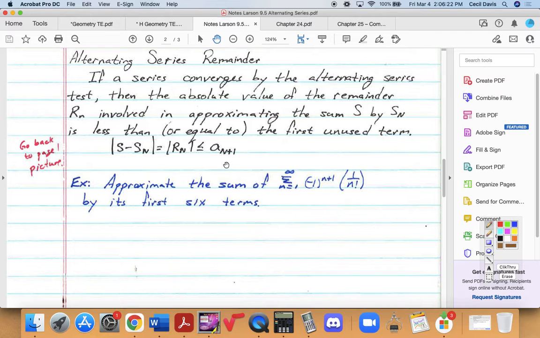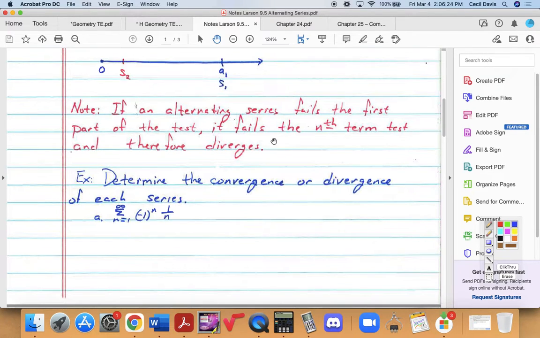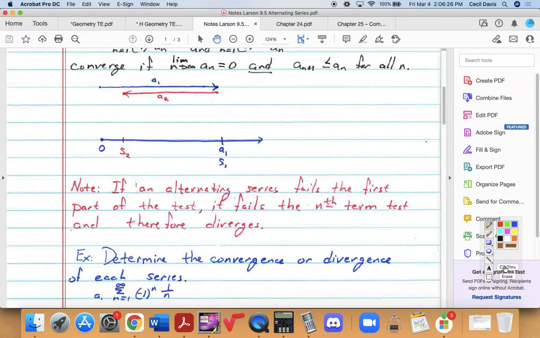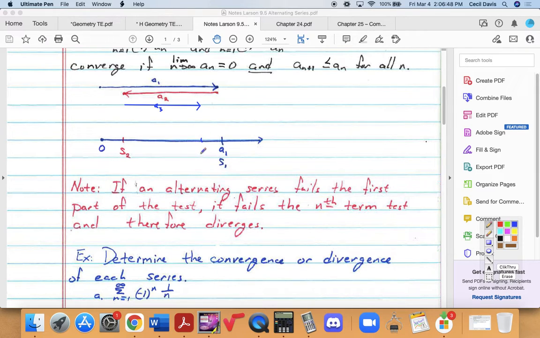And the reason that that works, let's go back to this just real quick. So if I just added the first two terms, right? The next thing I'm going to do is add on term 3, a sub 3, and I'm going to get this. This is going to be S sub 3.